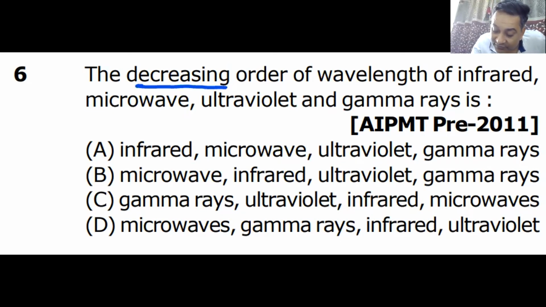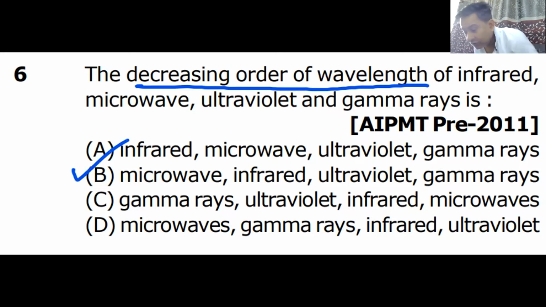This is decreasing order of wavelength. It's definitely B, sir. You would not know this question if you don't write it. That is why I asked you to note the order down with your own hands.